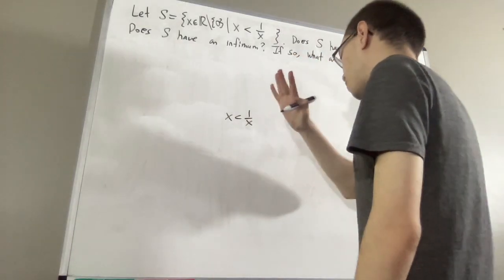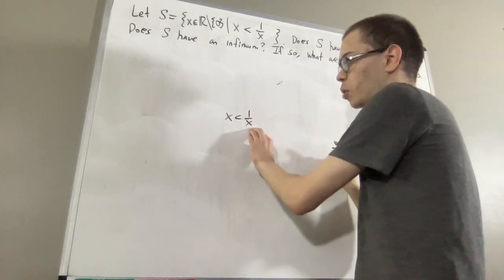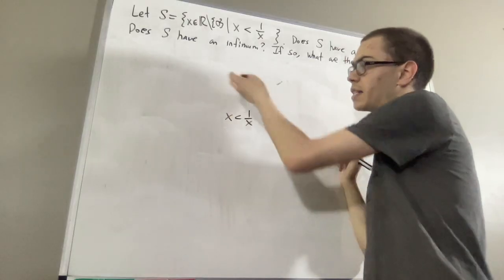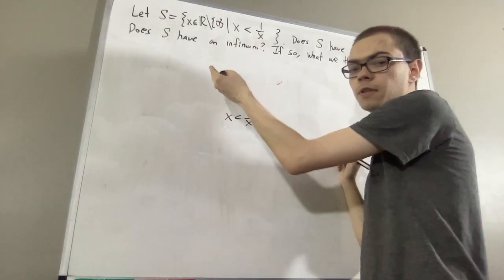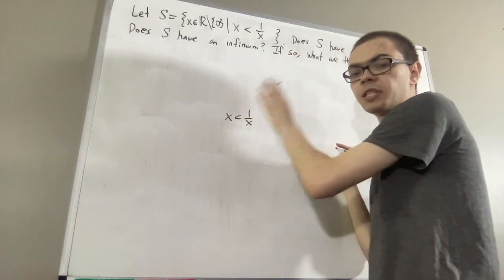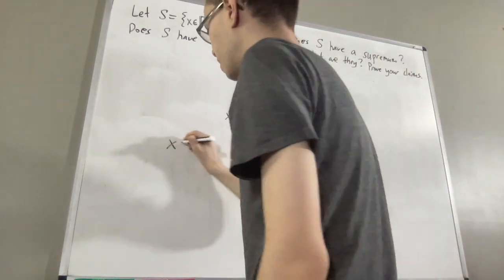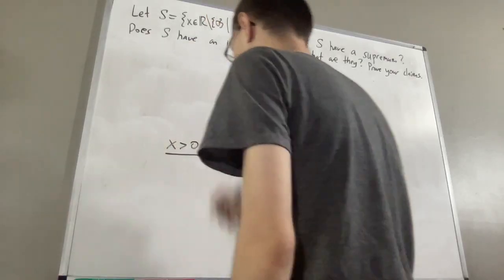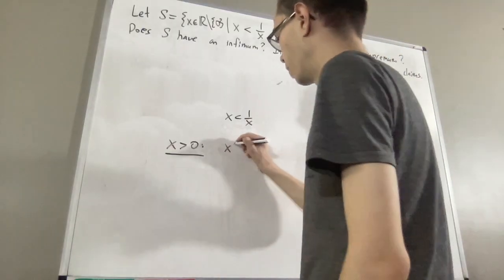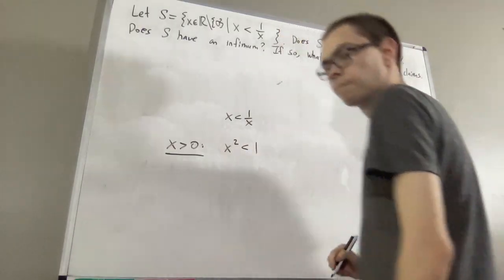Now, you might be thinking, let's try and multiply x on both sides of this inequality and see what happens. Well, depending on whether x is positive or negative, the sign of the inequality will either flip or not flip. So let's split this up into cases. What happens if x is positive? Well, then when we multiply x on both sides of this inequality, we get x squared is less than 1.